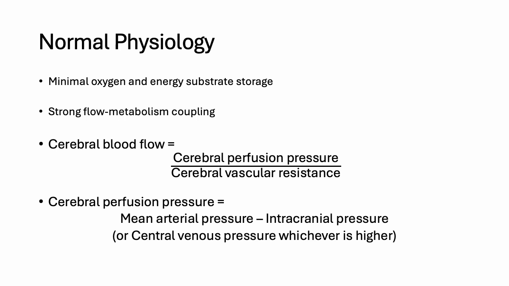The other thing to keep in mind is the brain has very strong flow-metabolism coupling. What this means is wherever it is metabolically active, the brain will auto-regulate to shunt blood towards that specific region.